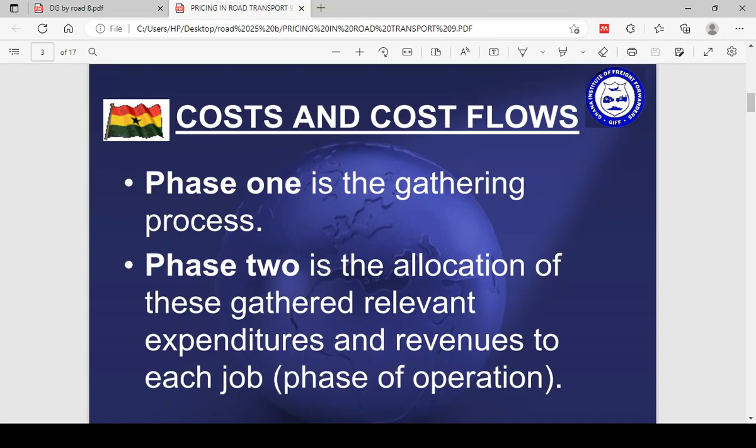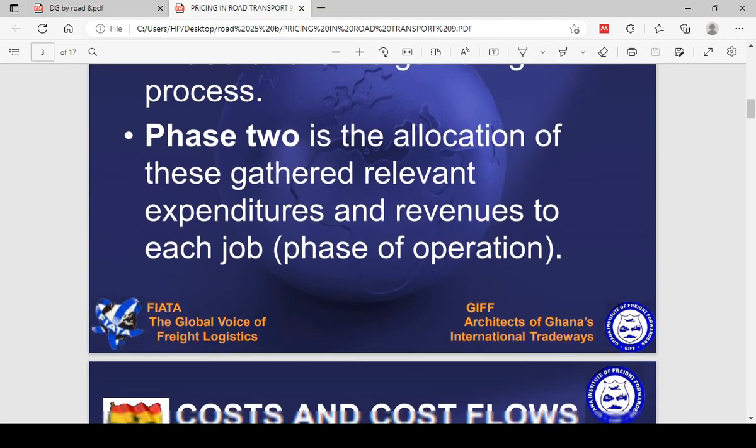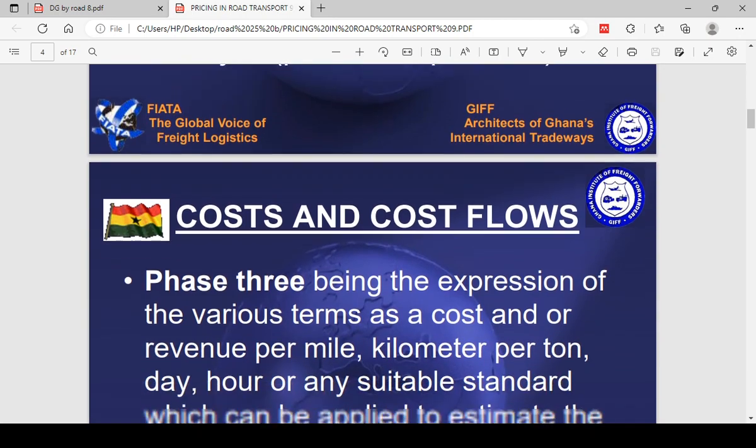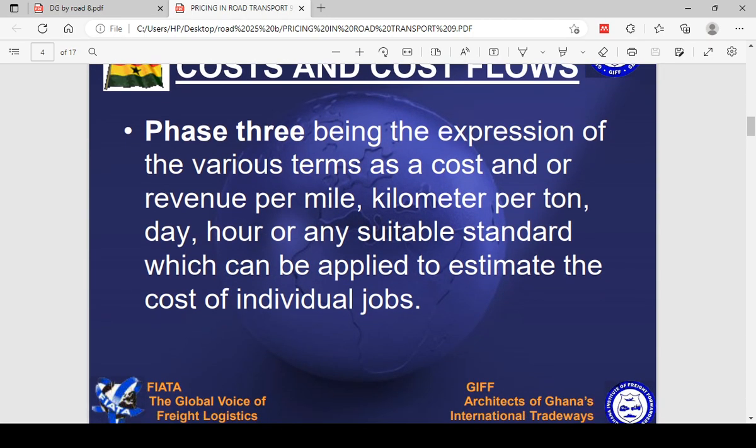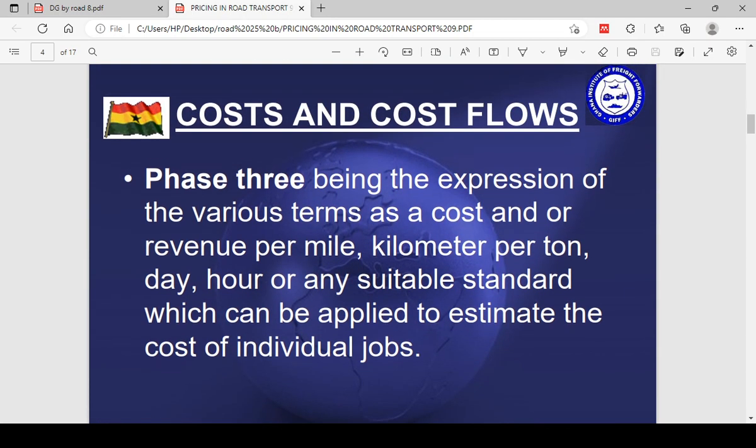Phase 2 is the allocation of these gathered relevant expenditures and revenues to each job. That's the phase of operation. Phase 3 is the expression of the various terms as a cost and/or revenue per mile.